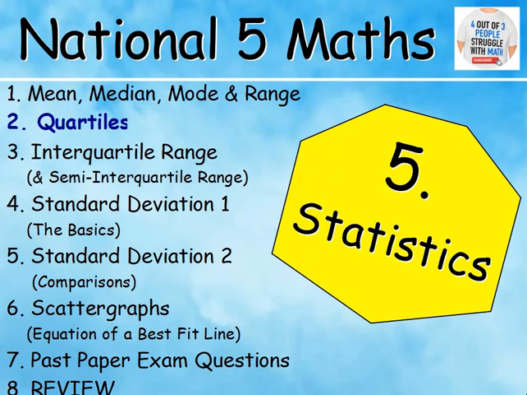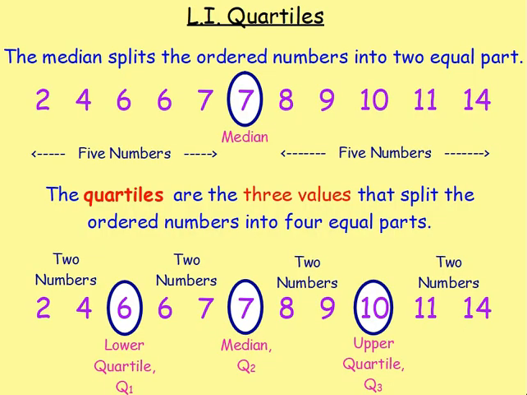After that, we went on to look at quartiles. What are quartiles? Well, that was when you split your list of ordered numbers into 4 equal parts. And the way you do it is you find the median value. That would split your list of numbers into 2 equal parts. And then you take the lower part and the upper part and you find the median of them.